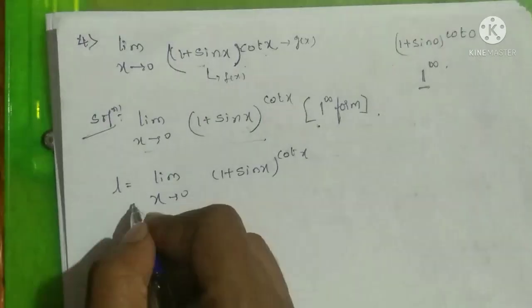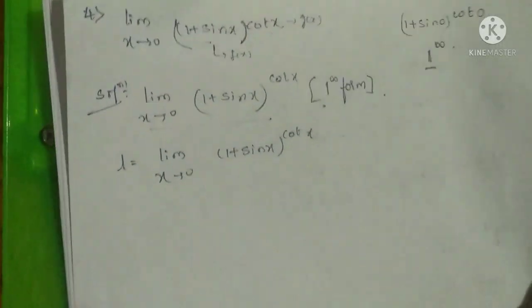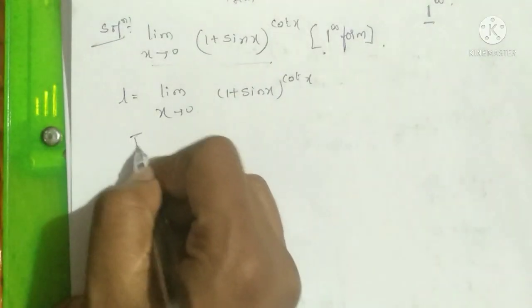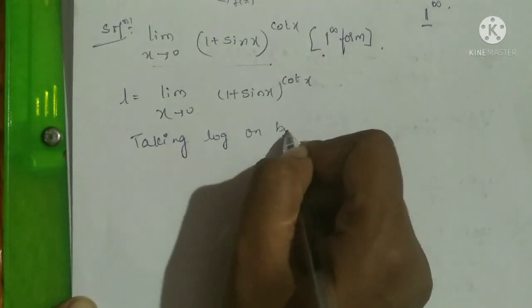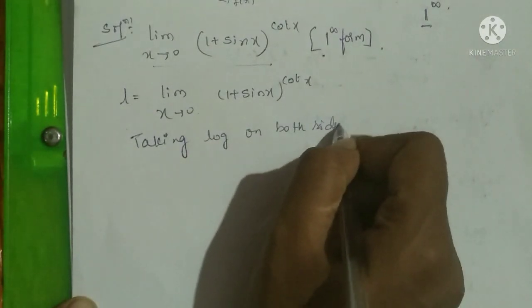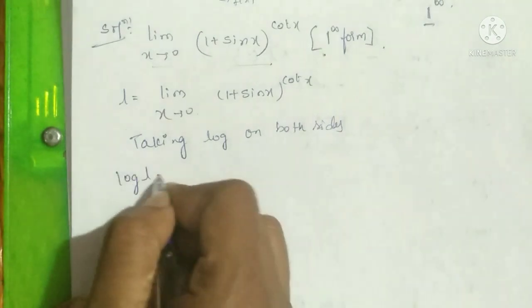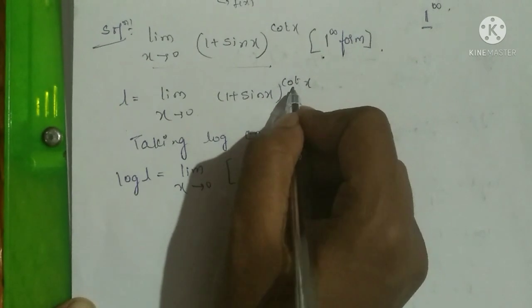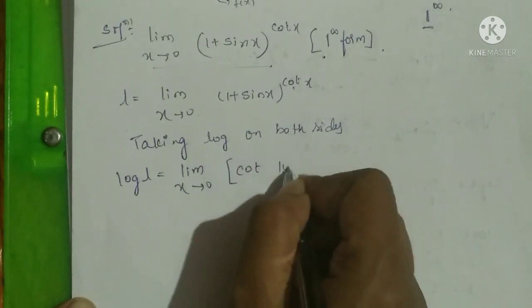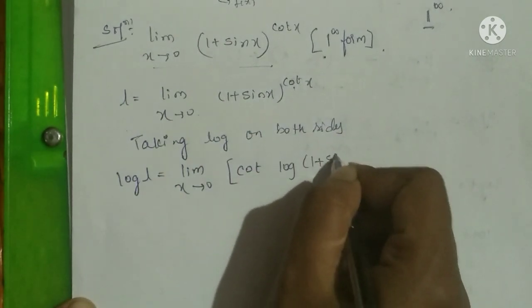After equating the term to L, you have to take log on both sides. So log L equals limit x tends to 0, and since you have cot x as power here, cot x into log of 1 plus sin x.